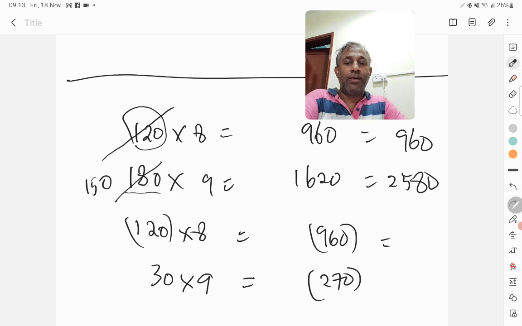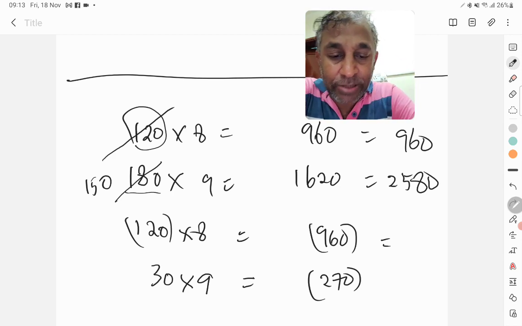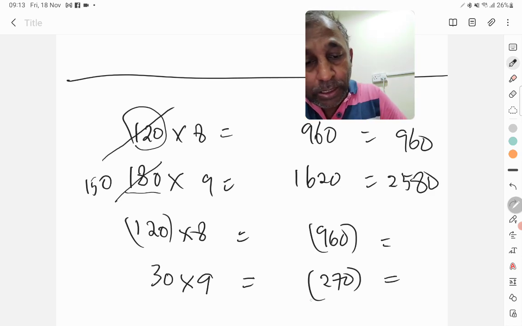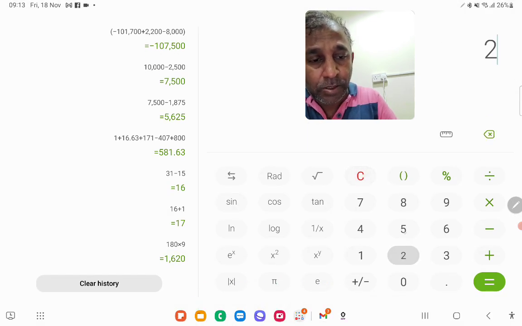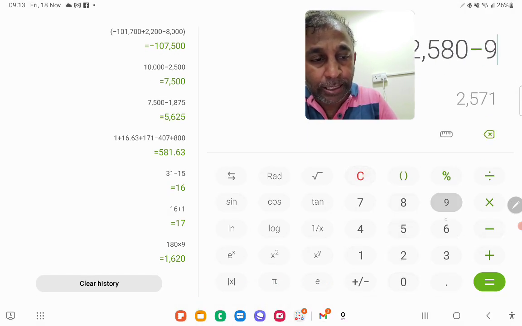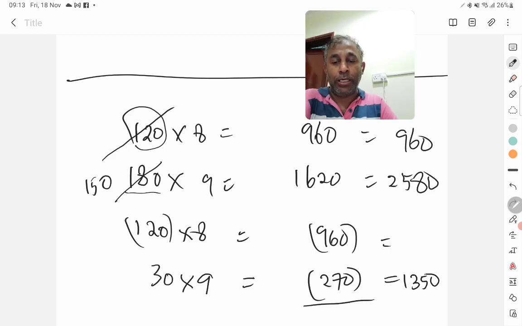Sorry for the trivial mistake which I made. So now work it out: 2580 minus 960 minus 270. I'm having here 1350. That's the closing balance.